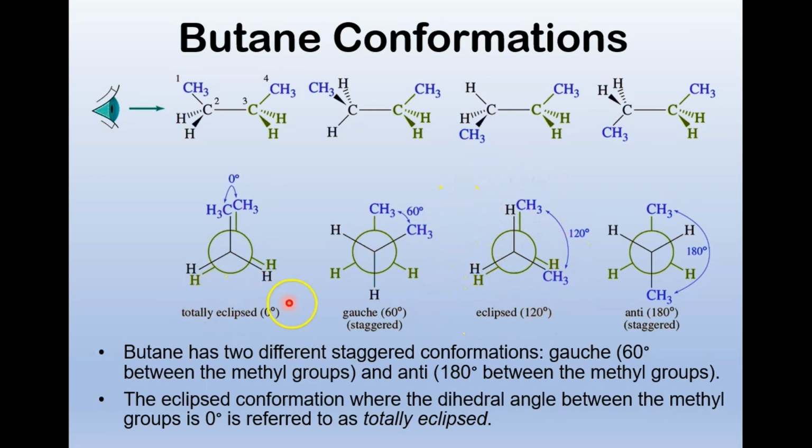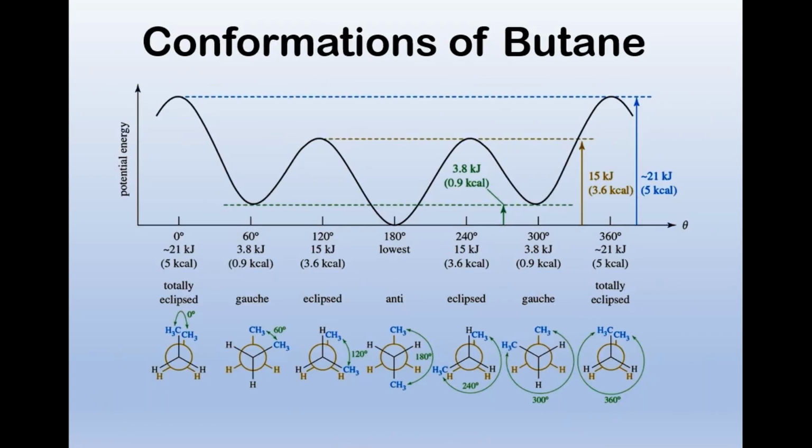So you should have seen me rotate all of those. Here the totally eclipsed is the highest in energy because these two methyl groups take up space. These big electron clouds push and they put the torsional strain on this bond. See how it makes it flex.